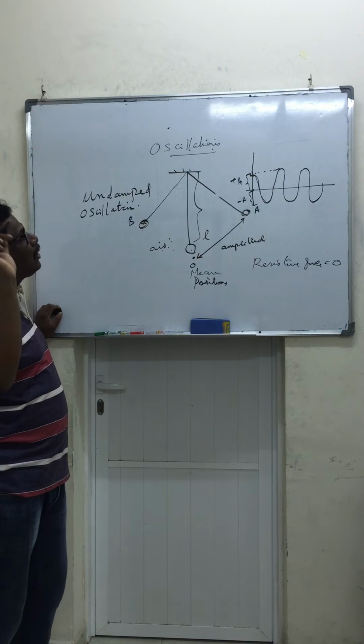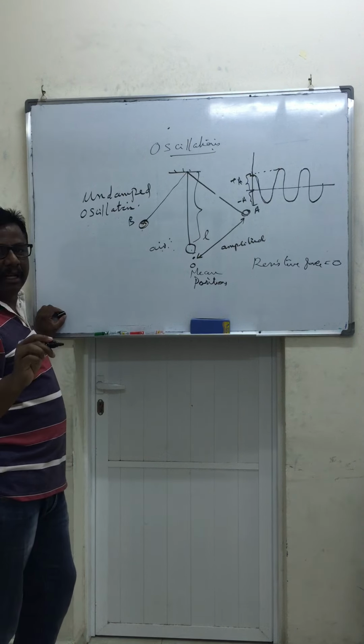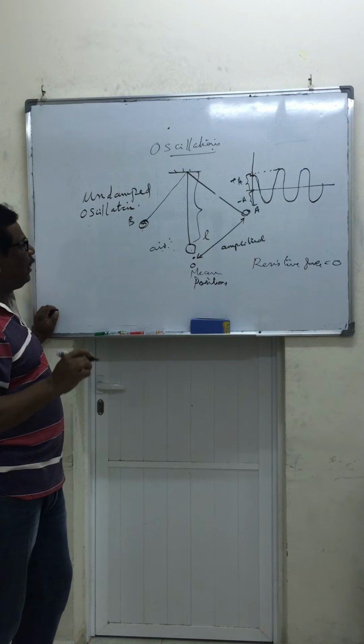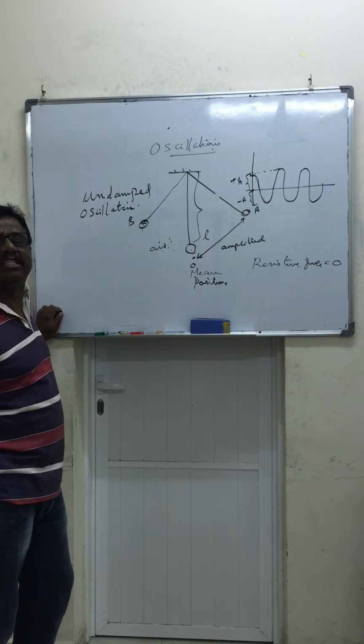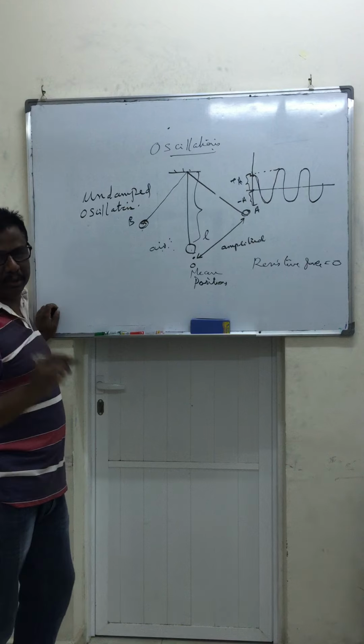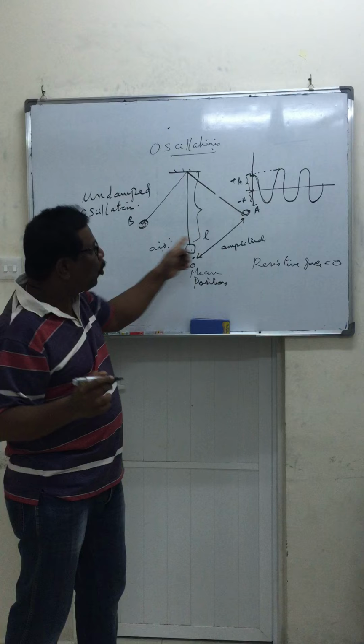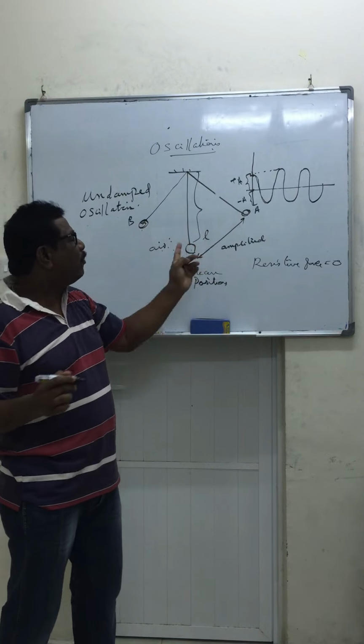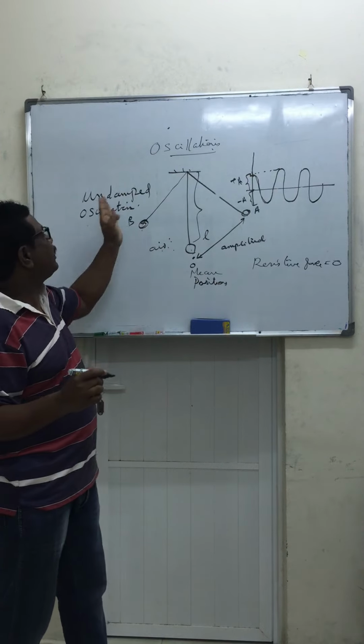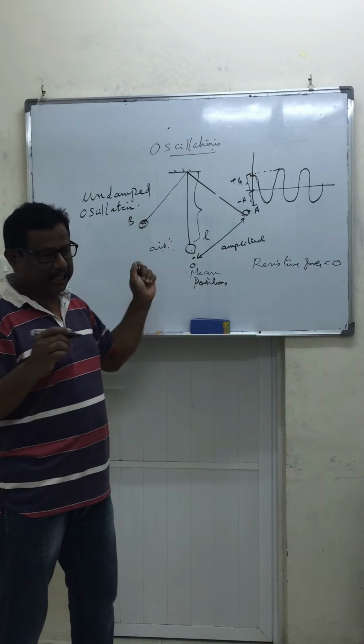Undamped oscillations are the oscillations of a body when there is no resistive force, no opposing force. If there is no opposing force, the pendulum bob continues to oscillate with the same amplitude. Then it is called undamped oscillation.